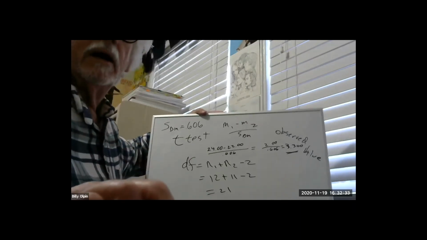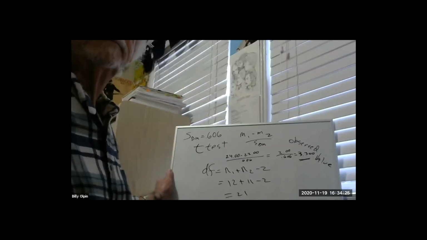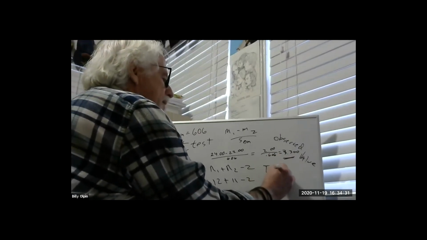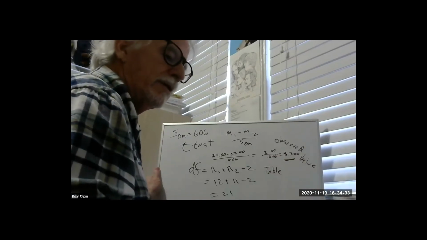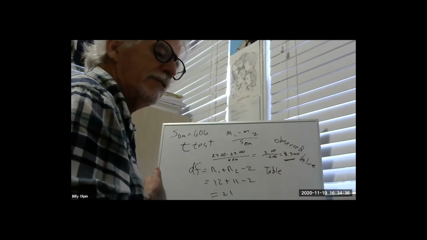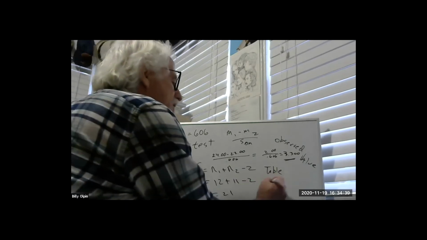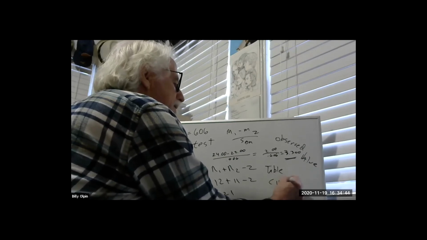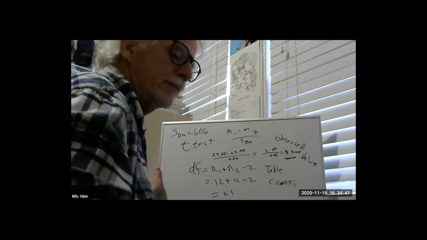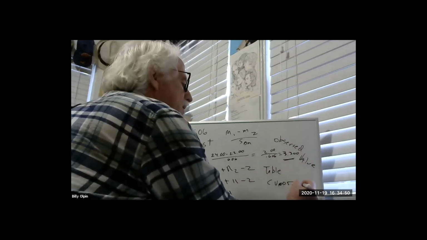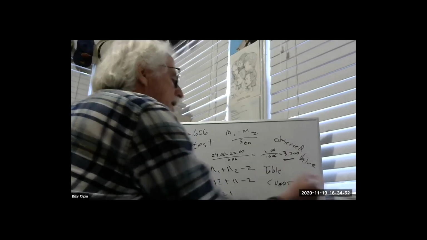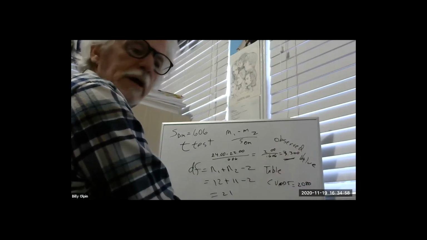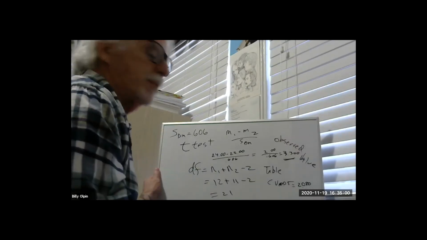For the t-test, we go to table 4, and if you go down to 21 in the first column for degrees of freedom, you find the critical value at 0.05 equal to 2.080. So our observed value is greater than our critical value, and in this case, we will reject the null hypothesis.